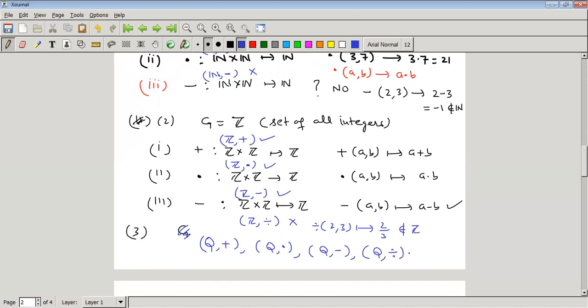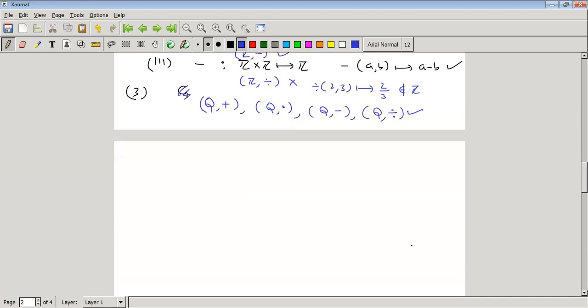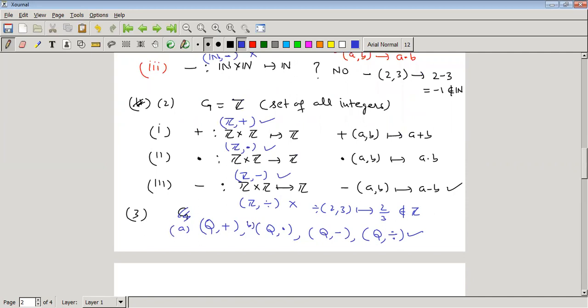Again, think about this fourth part carefully. This is A part, this is B part, this is C part, and this is D part. Write your answer of D part in the chat box. I will respond.